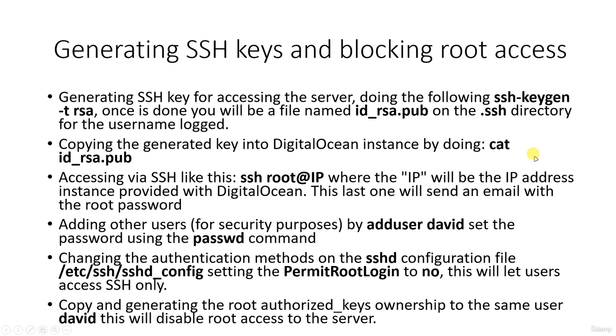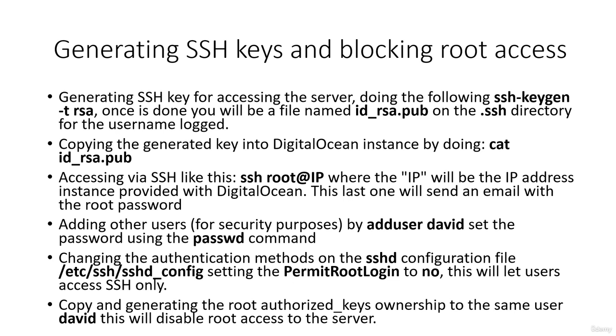After that, accessing via SSH is like this: ssh root@IP, where the IP will be the IP address provided by DigitalOcean. The last one will be sent to the email with the root password. Add other users for security purposes by adduser David.